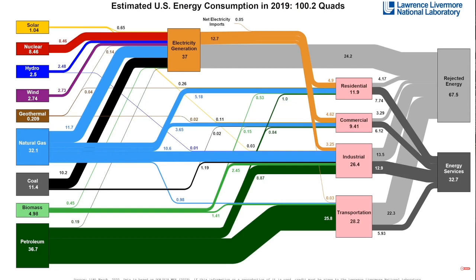It would be a good mission for my life, and I would suggest for yours, to change that from 2/3 wasted and 1/3 used to 1/3 wasted and 2/3 used. And in fact, if we could get the world to be 90% energy efficient, we would be that much wealthier.